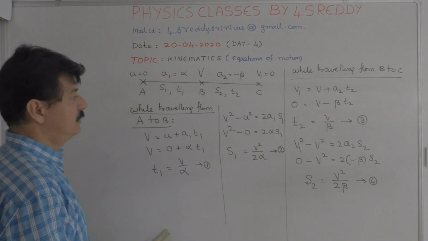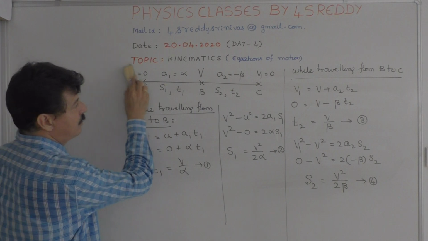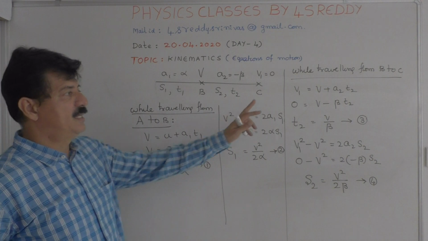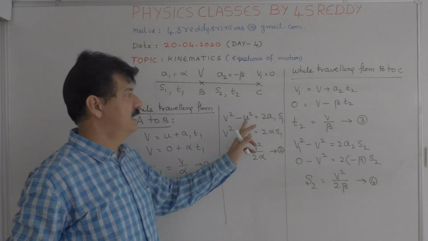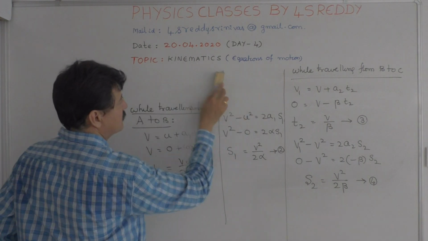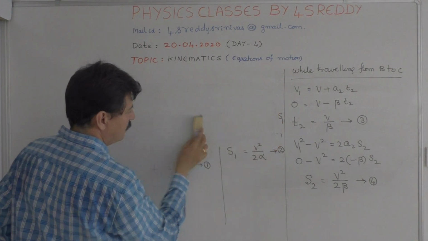And once you got it, then to find time, V = U + at is used, and to find distance, V² − U² = 2as is used. So for solving this problem, we got this.